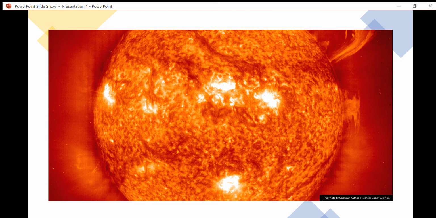The sun weighs 2 billion tons, which is very heavy. Multiply that by another billion, which is very, very heavy. And multiply that by another billion.